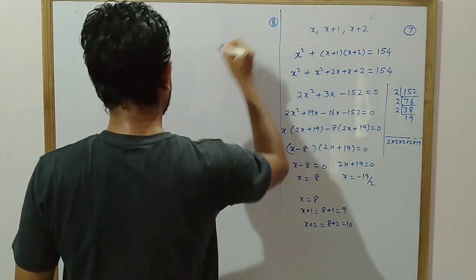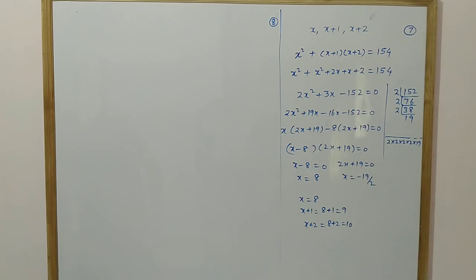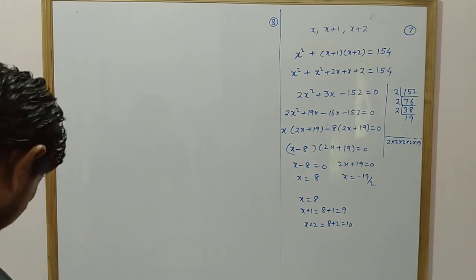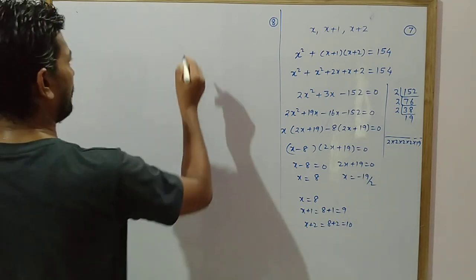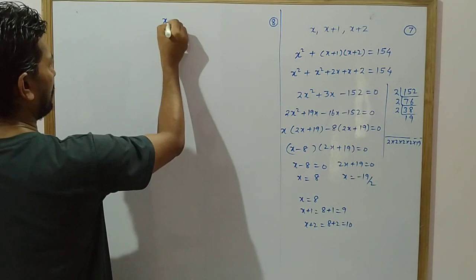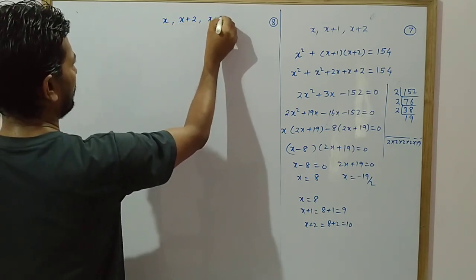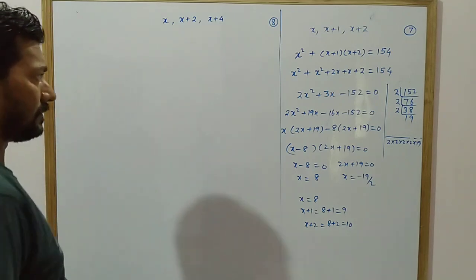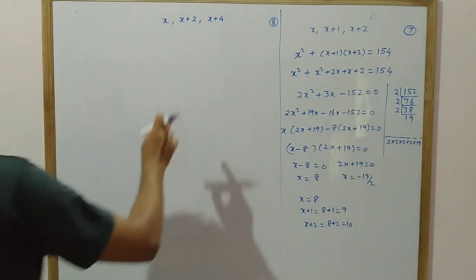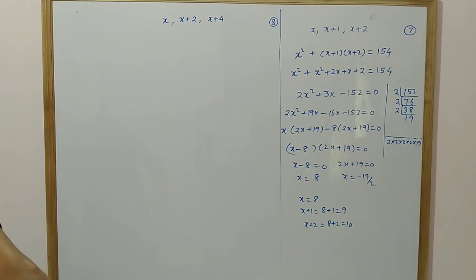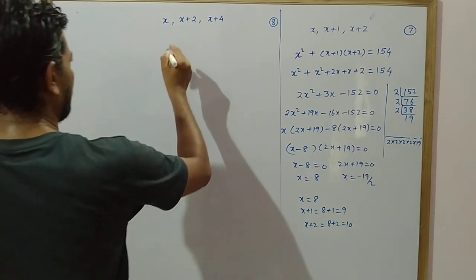Next, question number 8. In question number 8, it is given to find 3 successive even natural numbers, the sum of whose squares is 308. So we have to find 3 successive even natural numbers. So first one is x, second x plus 2, third one will be x plus 4. Sum of their squares is 308.